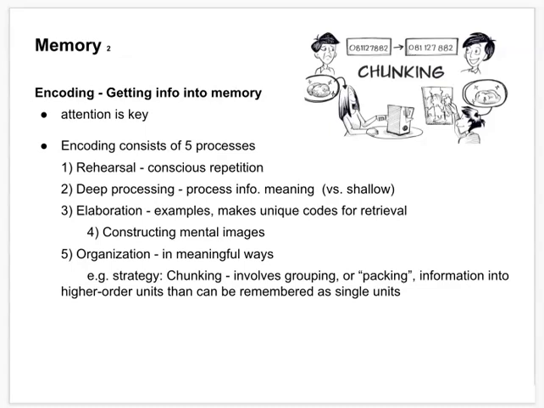The first one is rehearsal, which everybody knows. It's just conscious repetition of something, right? It's just repeating. This is really only good for short term. If somebody calls up and leaves an annoying voicemail with a phone number on it, instead of texting you, and who did that? The plumber did that this morning, and they left the number.